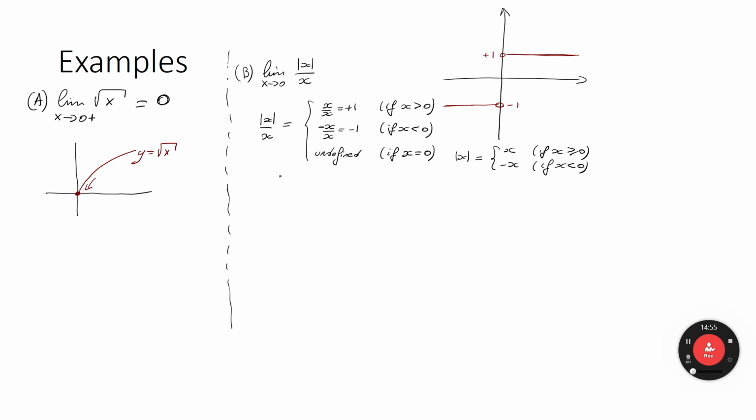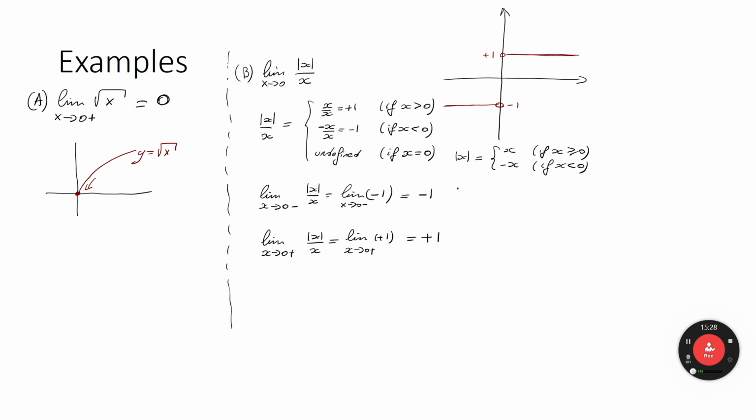So now from the graph you can see that the left limit, x going to 0 minus of the function, that's the limit of x going to 0 minus of minus 1, and that's just minus 1. But on the other hand, the limit x going to 0 plus of absolute value of x over x is the limit of plus 1. So that is plus 1.